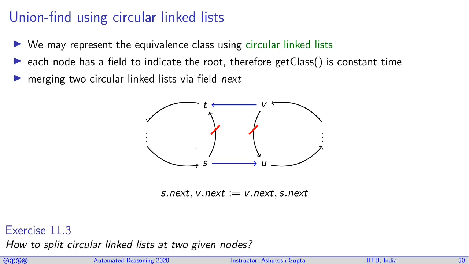Let's suppose you want to unmerge the circular linked list back to the original circular linked lists. You need to apply the same operation again. However, since you have chosen one of them as your root, you must have forgotten which one was the loser root, and we will soon see how to keep a record of the loser root.